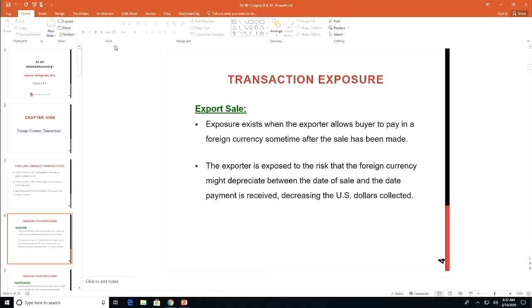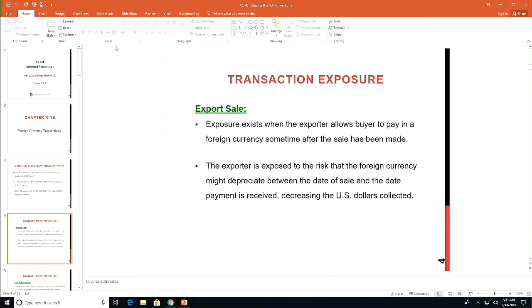Now let's see this example. Here you will see that if you do any sales, that means you are exporting. When you make sales, what are you going to expect? Your customer will pay you. If your customer pays you in foreign currency, then you have to sell those currency to make it dollar value.